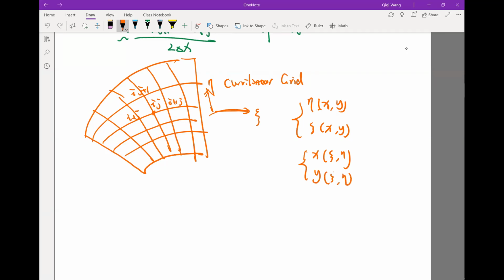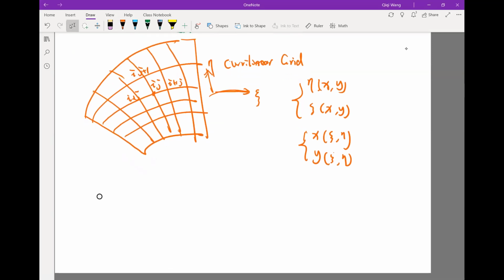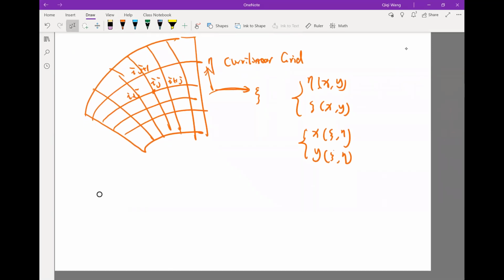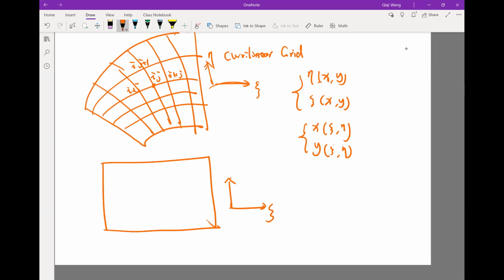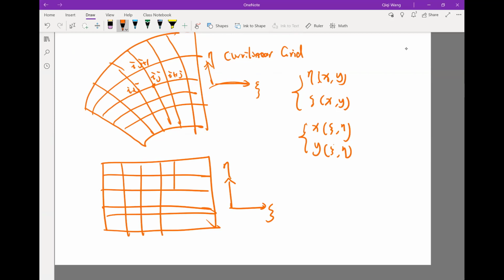So once you have these functions, you can do chain rules. You can derive what is the differential equation in what's called the computational domain. So if you look into the space, if you draw xi as the x-axis, eta as the y-axis, and you plot the same grids, then it'll be a Cartesian mesh.